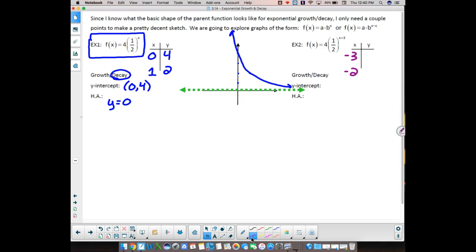If I plug in -3, my exponent becomes 0. So 1/2 to the 0 power is 1 times 4 is 4. If my value of x is -2, my exponent is 1. -2 plus 3 is 1. 1/2 to the first power is 1/2 times 4 is 2.